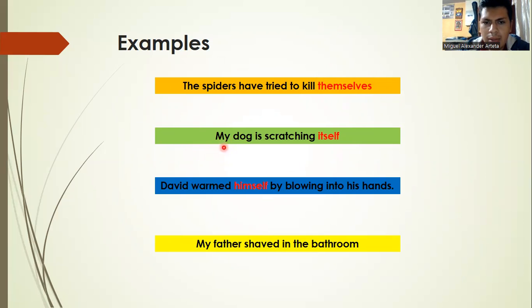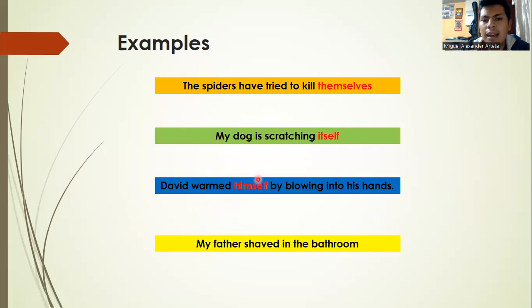Then let's go with the other one. "My dog is scratching itself." My dog is the performer and also the receiver at the same time. And also we have the reflexive pronoun. Let's go with the other example. "David warmed himself by blowing into his hands." Okay.